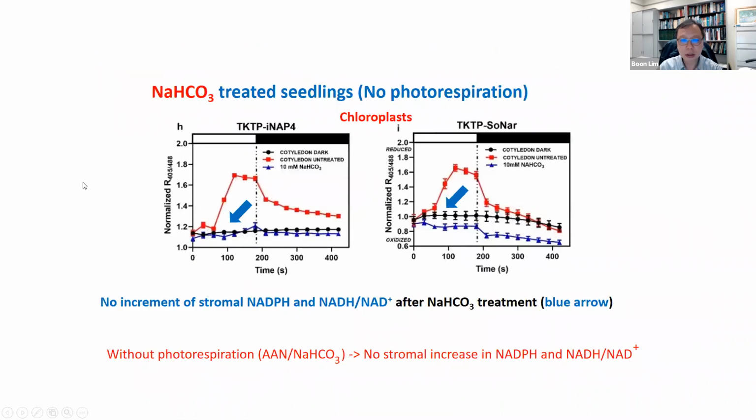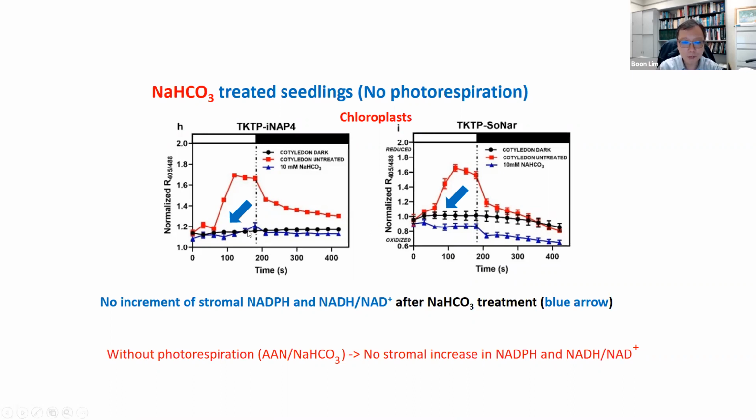In addition to AAN, we also treated the seedings with sodium hydrogen carbonate, because this hydrogen carbonate can increase the CO2 concentration, so that when we use this, there will be no photorespiration, because the rubisco can easily get CO2.